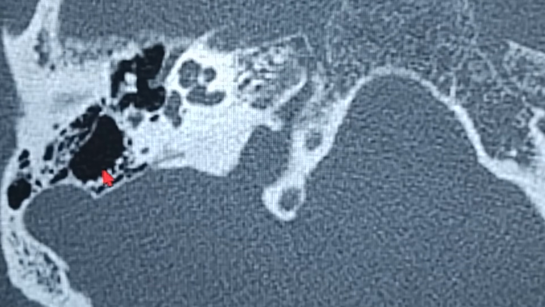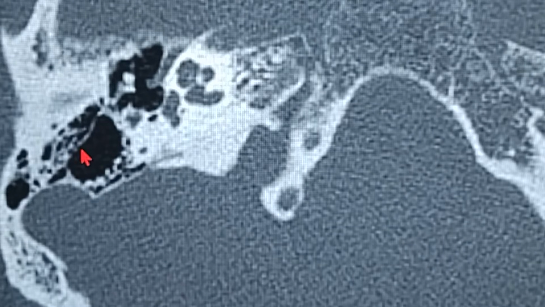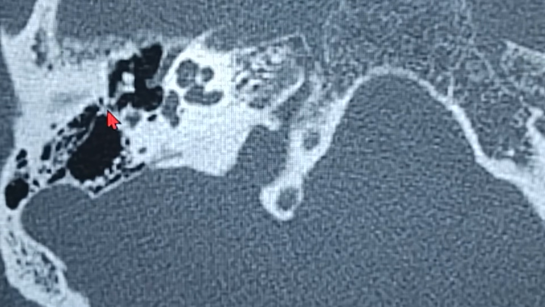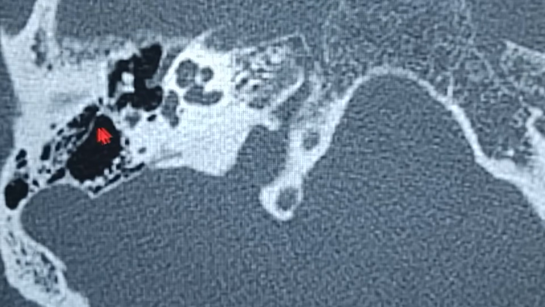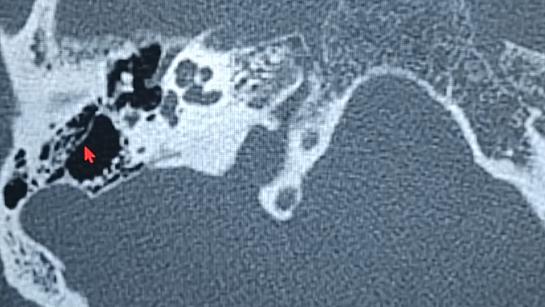So this is that antrum, the largest mastoid air cell. You can see it's a huge one. This is the epitympanum, that's the aditus ad antrum, and that's the mastoid antrum here, the largest mastoid air cell, which you encounter while drilling in mastoid surgeries.